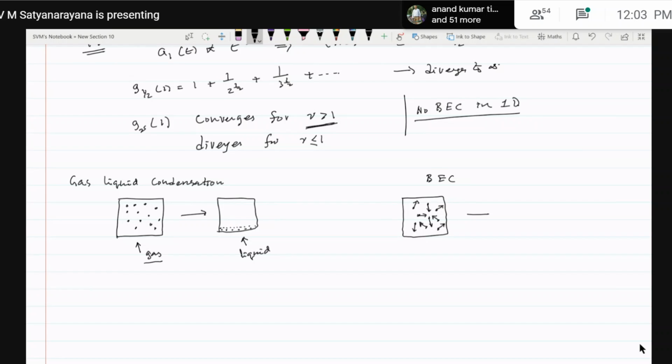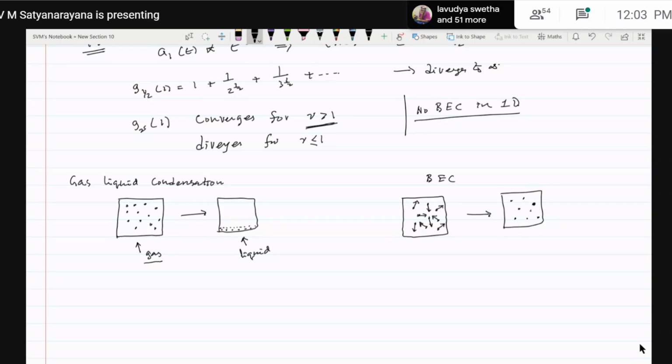Now when Bose-Einstein condensation takes place, these particles will be there only, but they don't have arrows. That means their momentum has become zero. That means they are not moving.